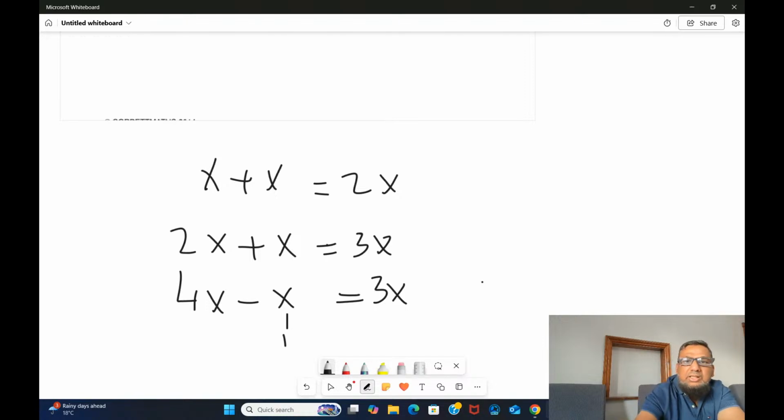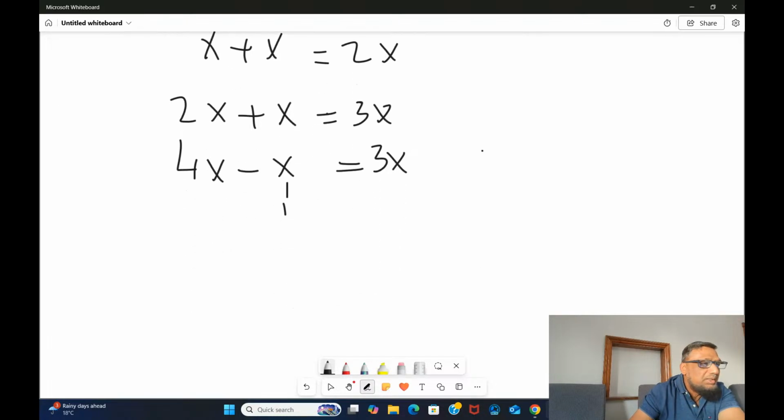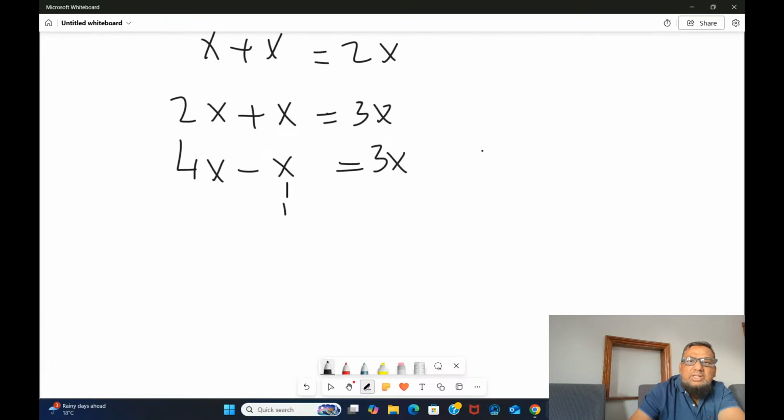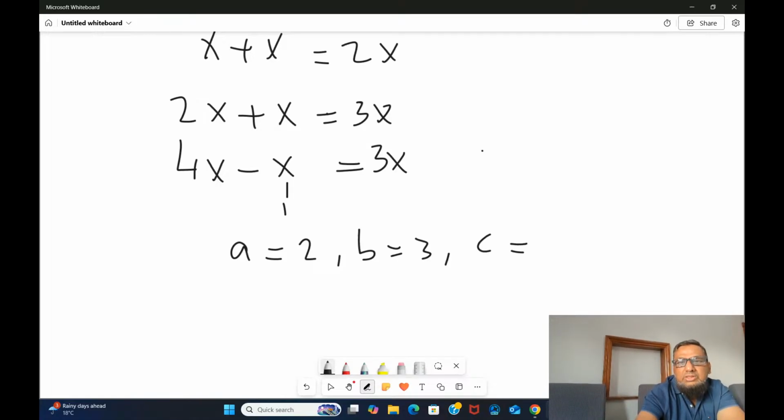Now we're going to work out substitution. Substitution means just replacing the number. For example, if I say a equals 2, b equals 3, and c equals 4.